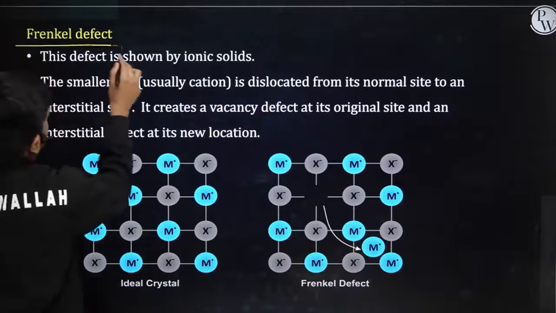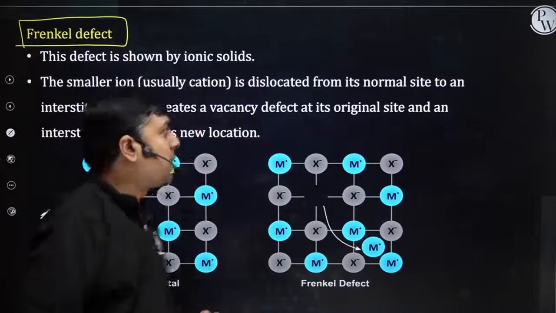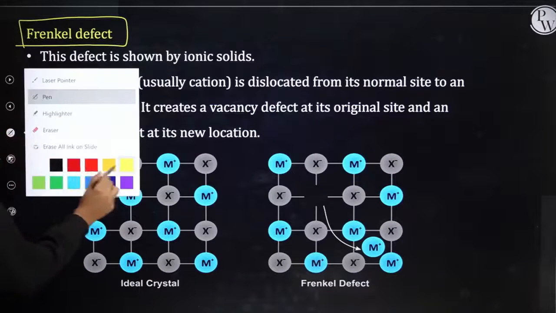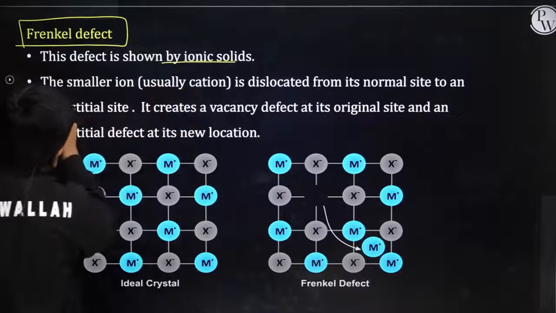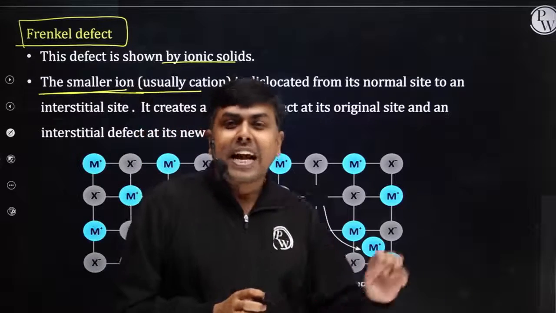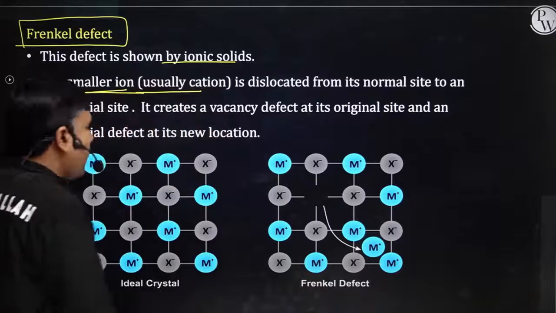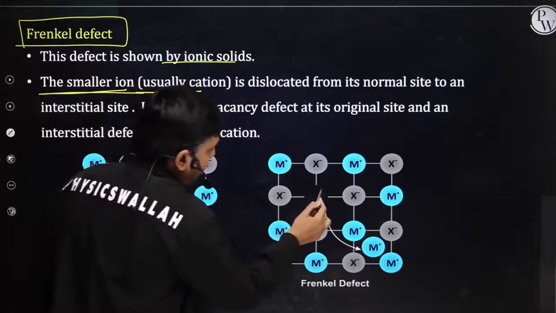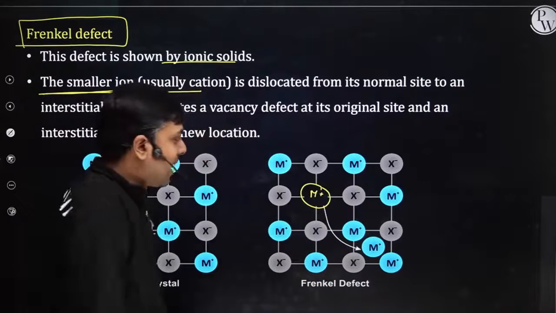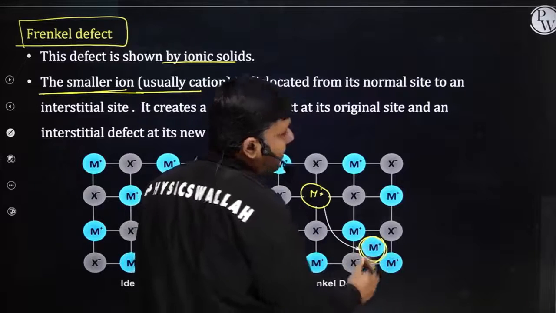Frankel defect. It's somewhat related to interstitial defect. Student, what happens in the Frankel defect? Mainly shown by the ionic solids, perfect. The smaller ions, usually cations, leave their lattice sites and get trapped in the interstitial voids. Cation M+ has left its lattice site and is trapped in the interstitial void.